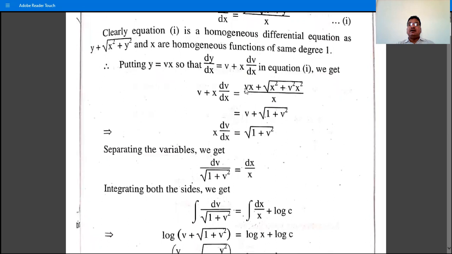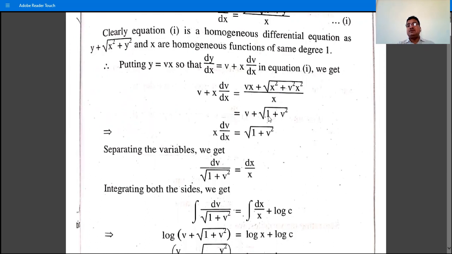And then take x common from this numerator. We have x in bracket v plus root 1 plus v square. After taking x square common from the root, we have x, because root of x square is x, and take that x common and cancel with this x.